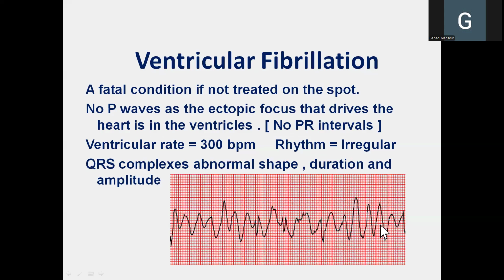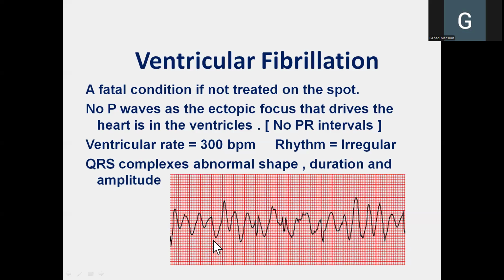As you can see here, you do not see the normal classic ECG tracing with a P wave, a QRS complex, and a T wave. You just see irregular electrical activity that is more or less similar to the QRS complexes, but you cannot see P waves, you cannot see T waves, they are completely masked, as we said before.